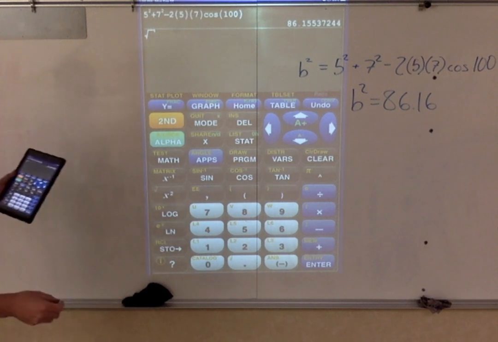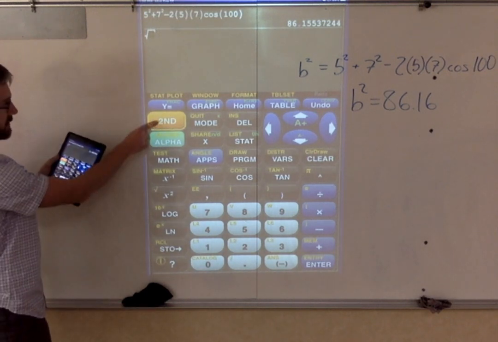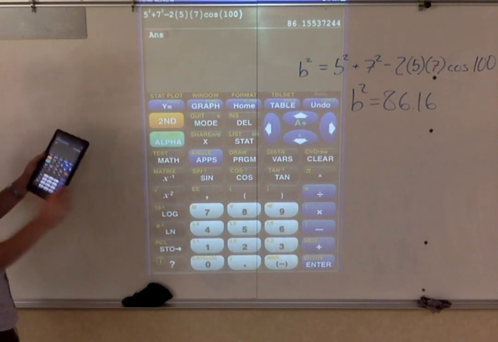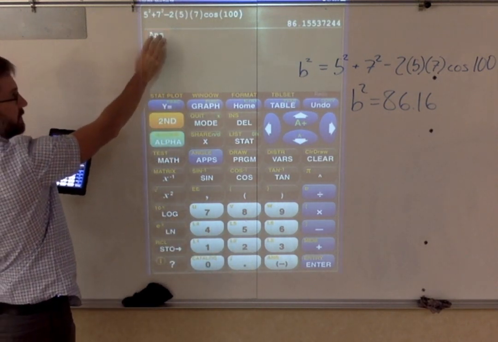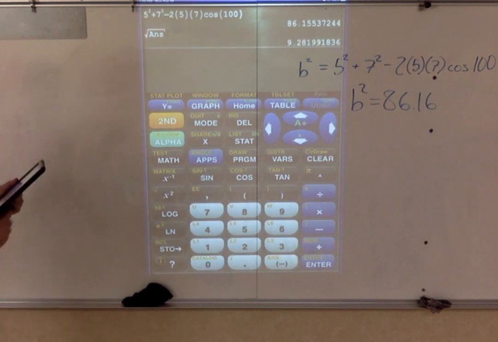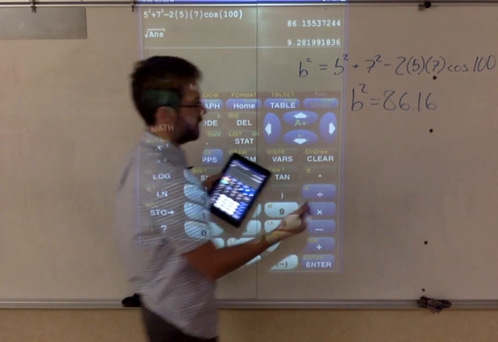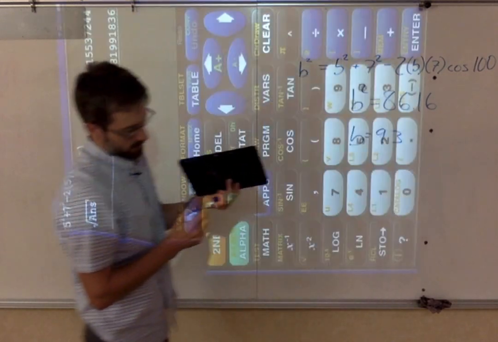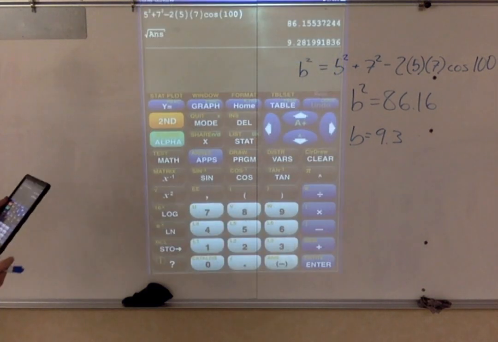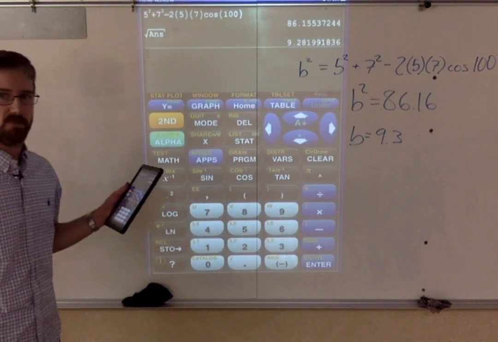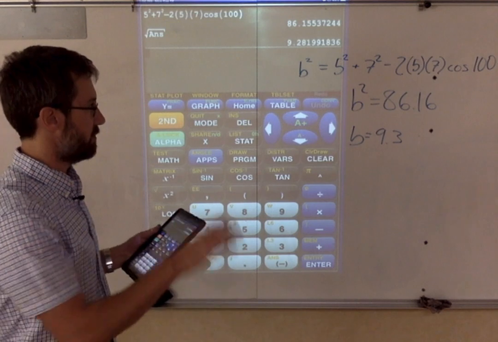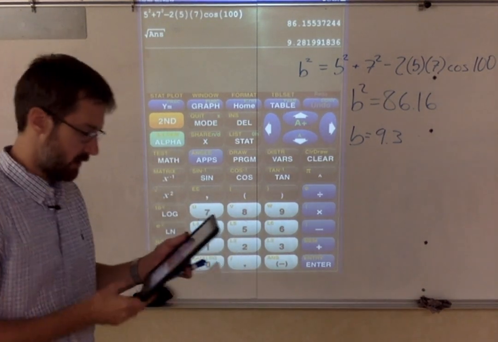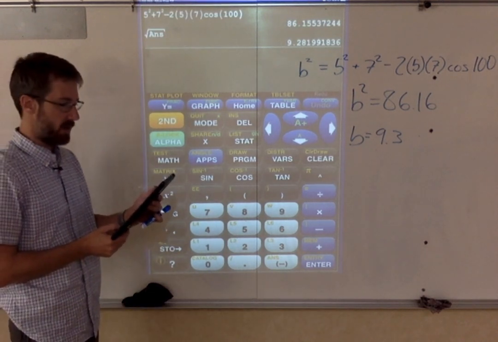If I want to plug that into an equation, I can do second, and then the negative symbol down here by the decimal, and it will be square root ANS for answer. Hit enter, and about 9.3 is what b is equal to. Now you certainly could just do square root 86.16, that's fine too. It doesn't really matter, but that's a nice little trick to know as you guys are getting a little bit further along in your math lives.